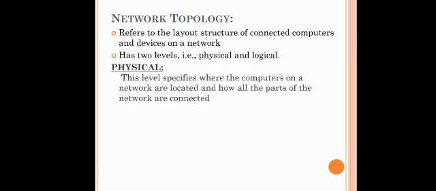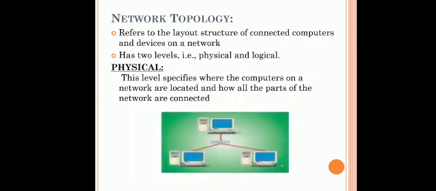The physical level specifies how the computers are connected physically, I mean the computers and cables and the position of your connectors, all this. Logical level refers to the path your information is going to take to reach its destination.